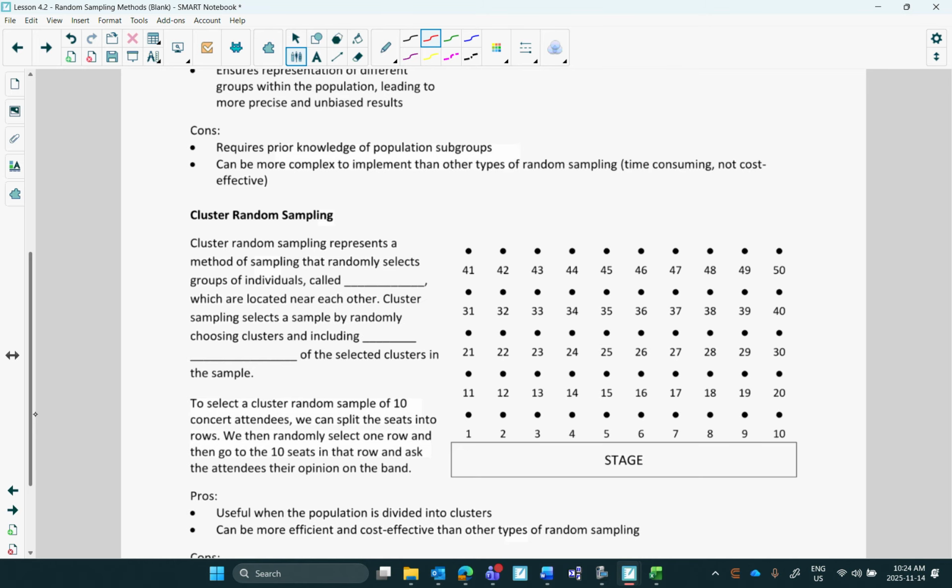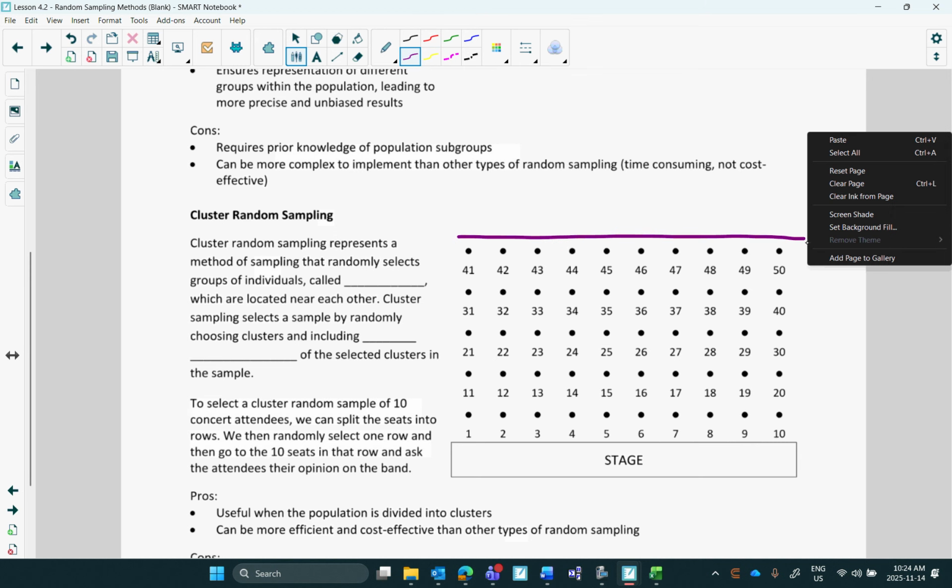What do you do with cluster sampling? You group again, but you randomly select one of the groups and survey everybody in that group. Okay? So for example, what I could do here is I could say, okay, let's make the rows a group again.